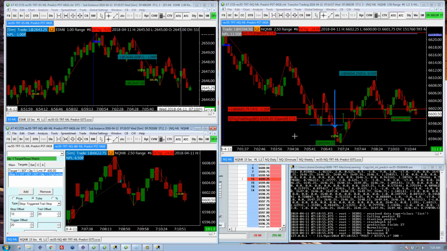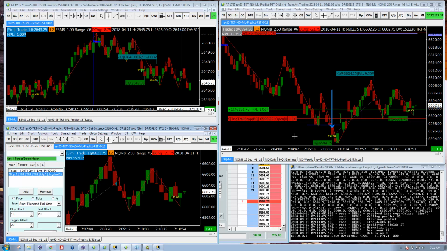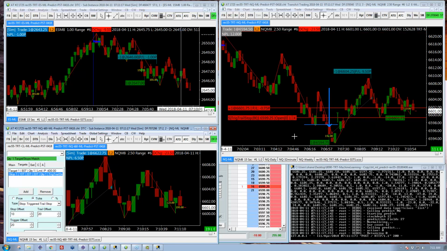Another order long there in the NASDAQ on a, actually I can't read that code. Markets are super whippy. Right above 6,600.